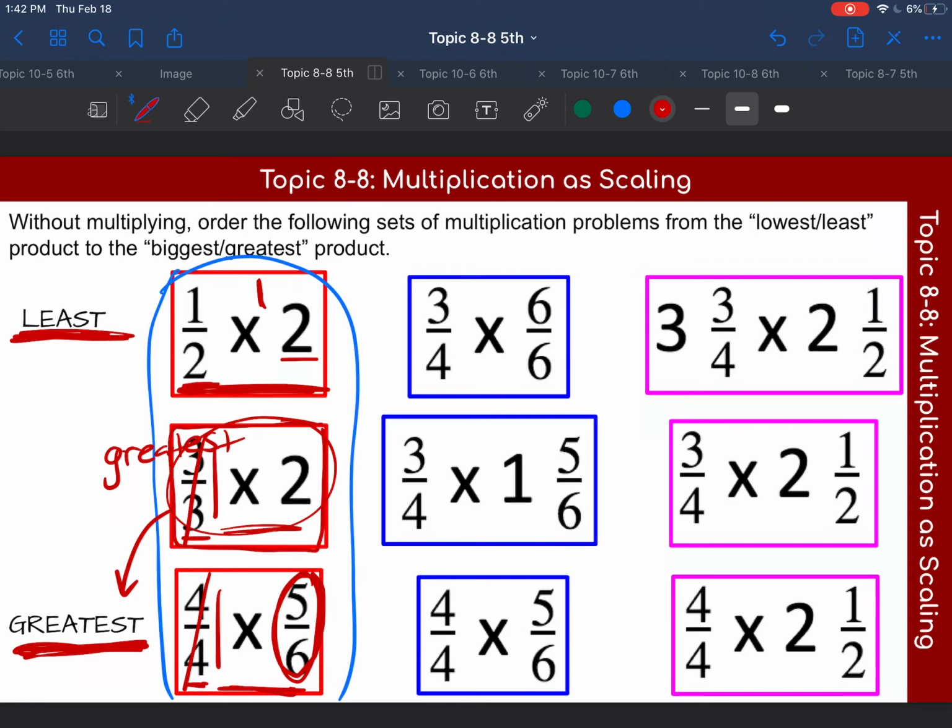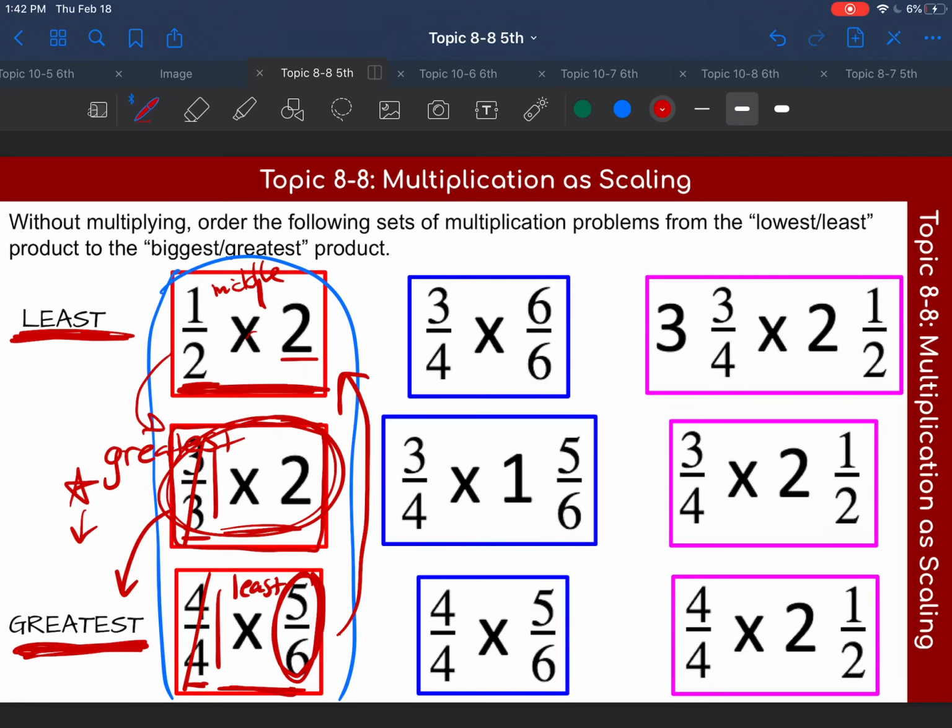This one is the least because 5/6 is less than 1, and this one is in the middle. So reorder them so that they are labeled least to greatest.